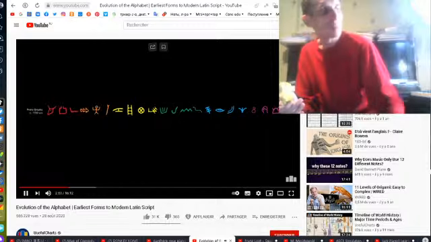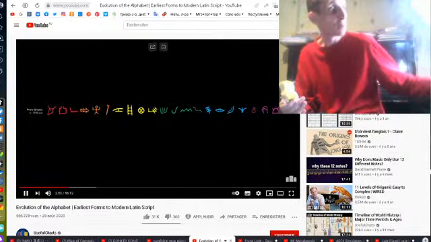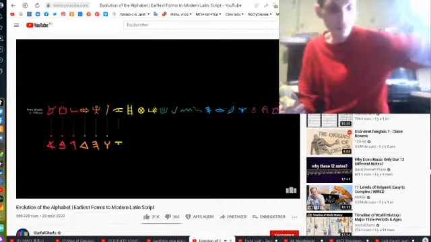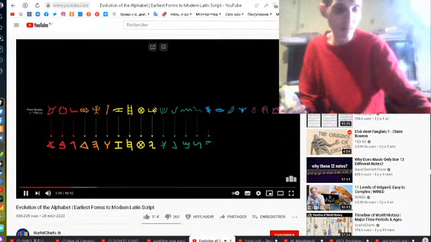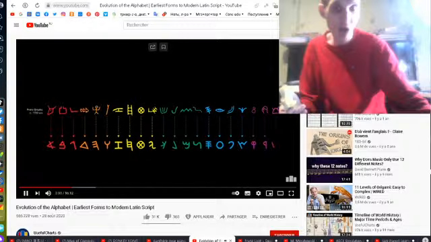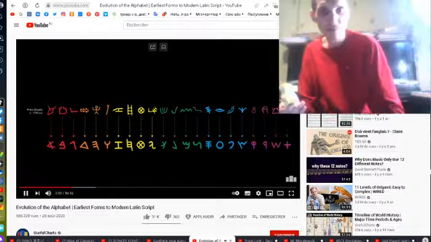that followed it, we have lots of examples of a stylized version of the script being used throughout the Levant, both by the Phoenicians and by the ancient Israelites.